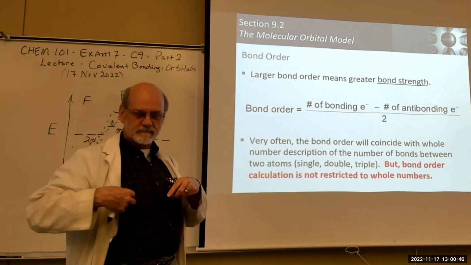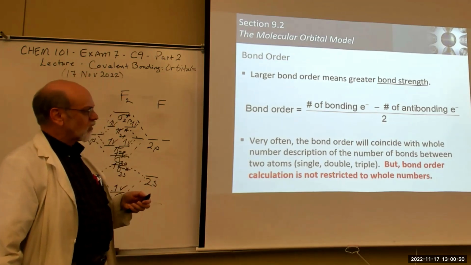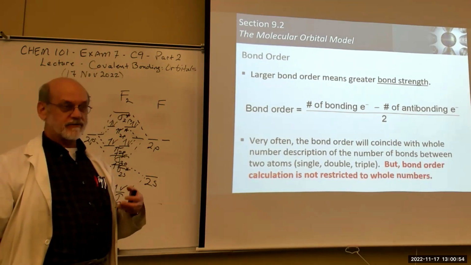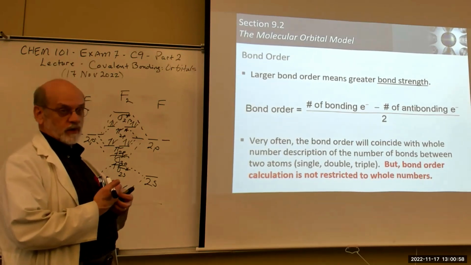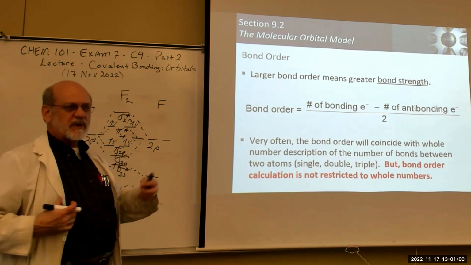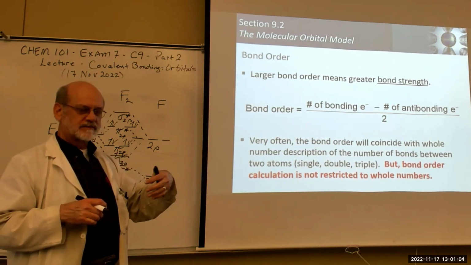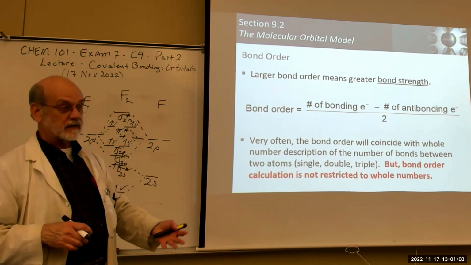So we have 3 bonds. Well, in the molecular orbital model, you don't have to have whole numbers. You can have fractions in what we call the bond order. We call it the bond order, so we distinguish it from the bond that we would be discussing in the localized electron model.